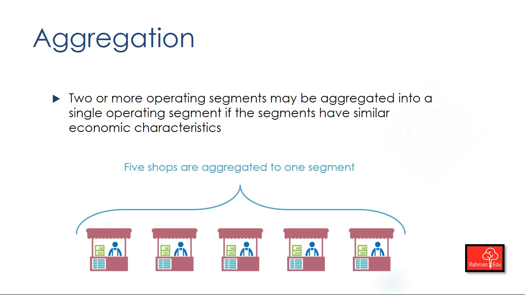All these 5 shops are Samsung mobile phone showrooms. Right. Different location doesn't matter. They are selling mobile phones. They have similar economic characteristics. They should be aggregated as one segment.